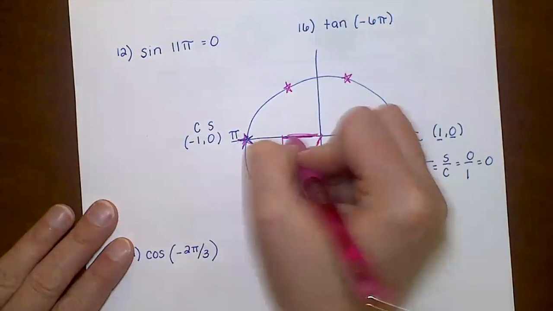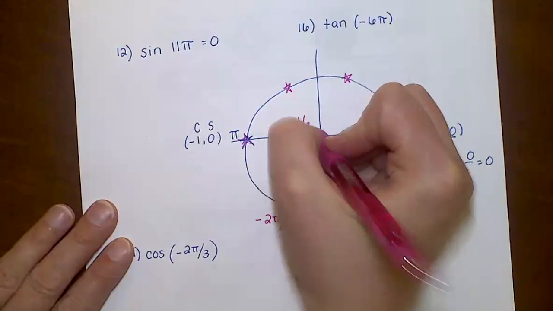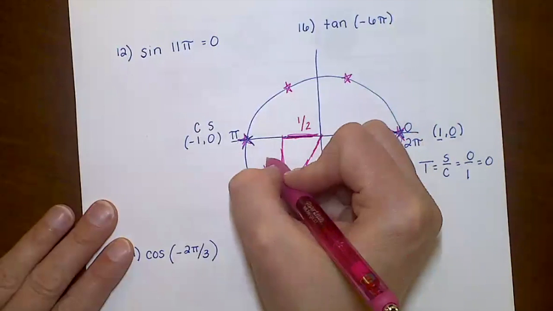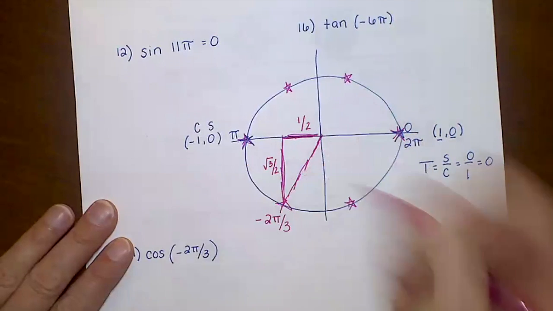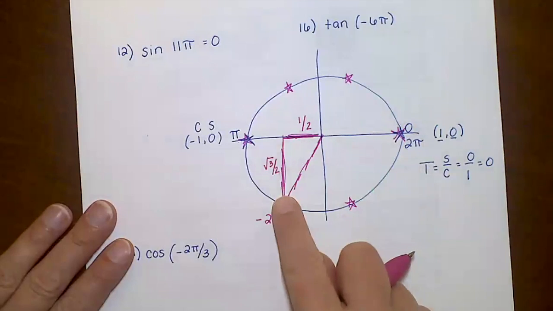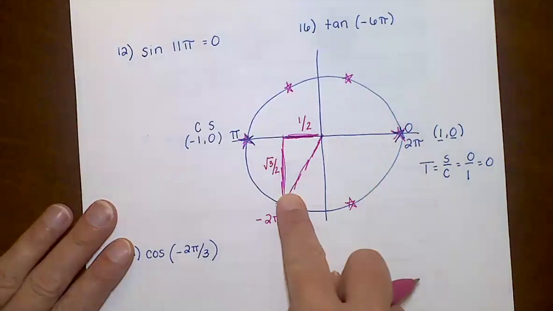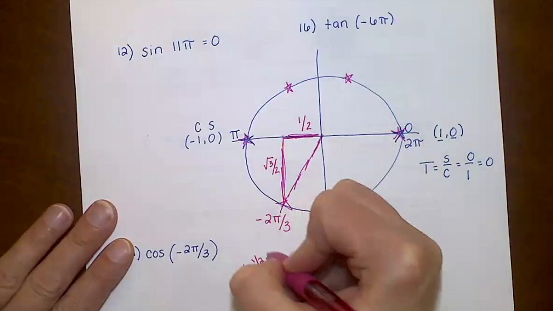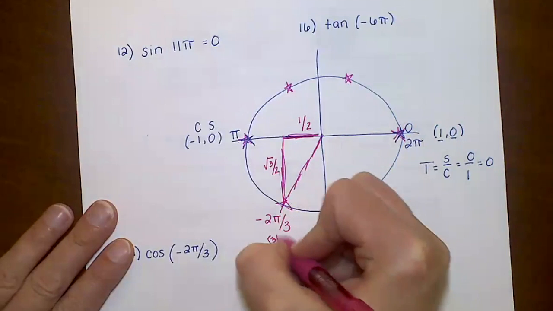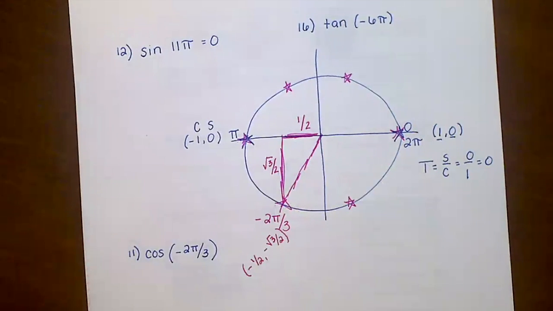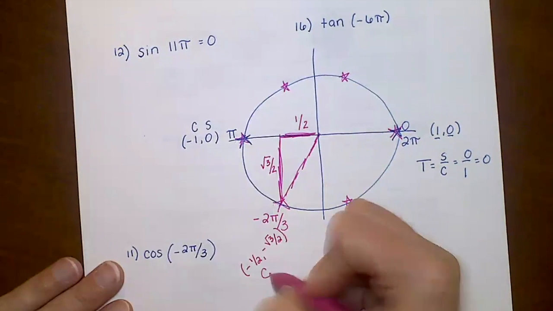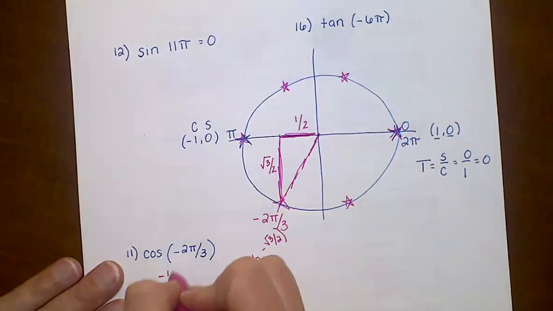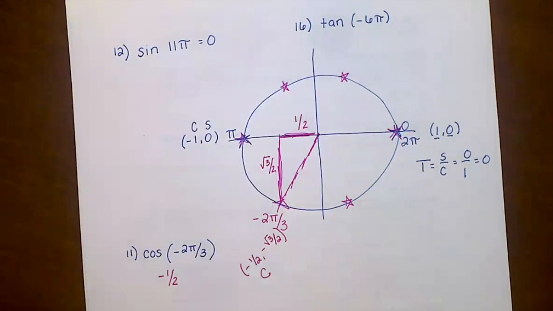This is my short side, which I know is 1/2, and this is my long side, which is square root of 3 over 2. And both of these are negative, right? Because it's going left and then down. So I know that my coordinates would be negative 1/2 and negative square root of 3 over 2. You follow that okay? I lose anyone there? Okay. So then the cosine is negative 1/2. Good with that?